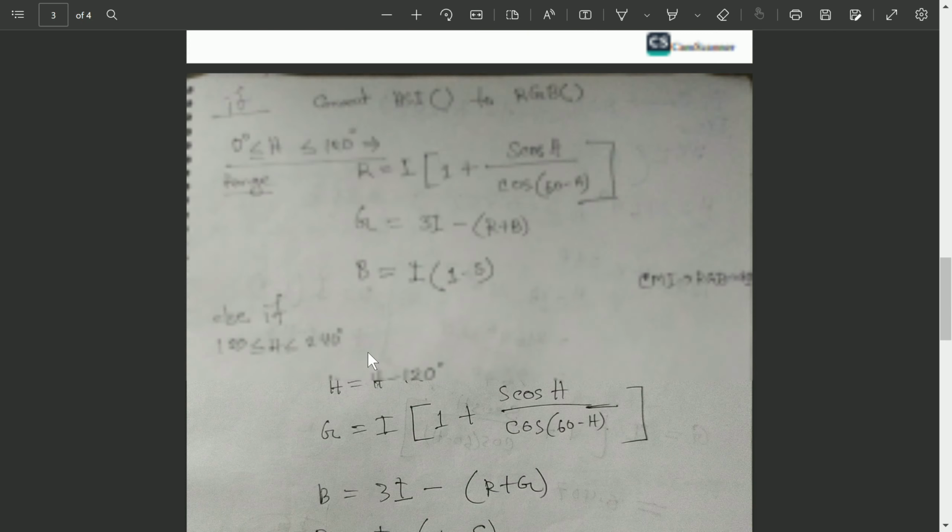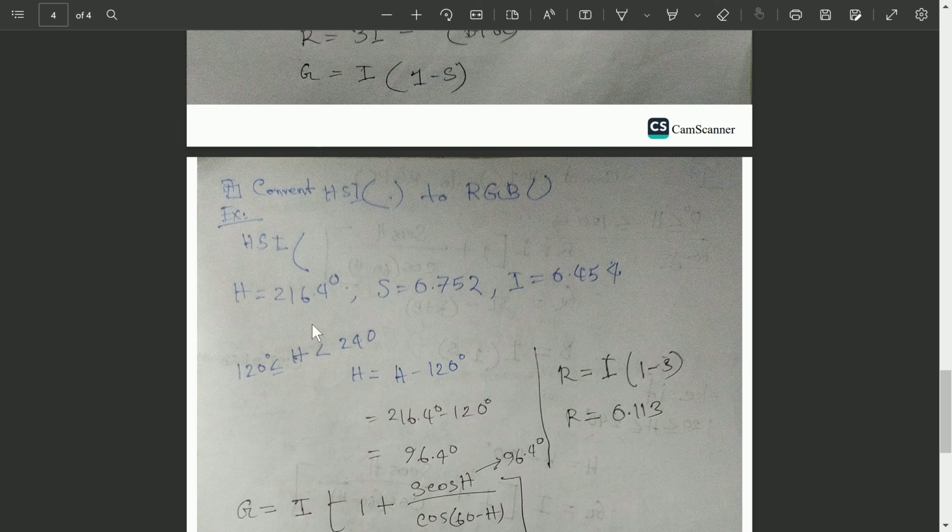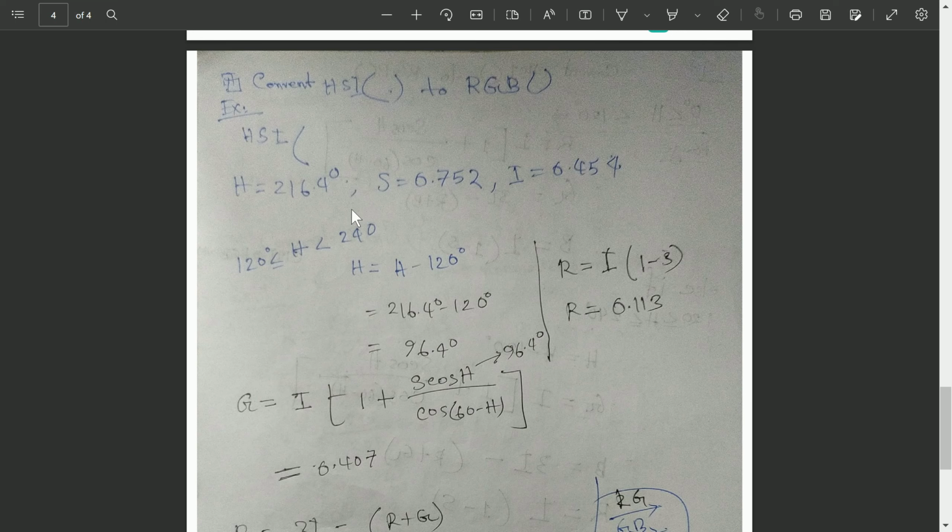No, it's not similar, so it's another example. Here the value of H we got is 260.4 degrees. So it falls in the range where H is greater than 120 degrees and less than 240 degrees.